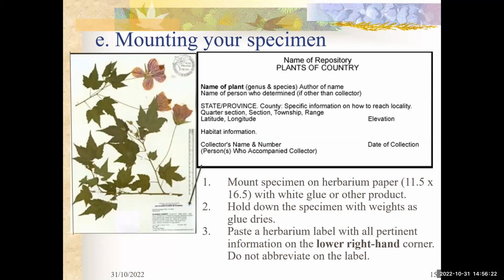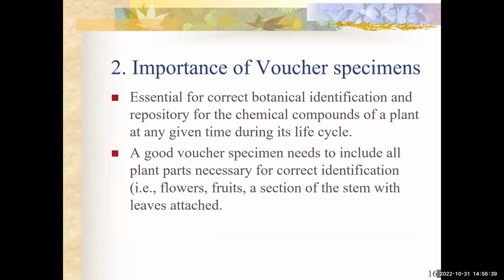So what is the importance of voucher specimens? And I'm saying this not so much for the taxonomists, the biologists, because they already know. I'm really talking about people working in natural products. So we need to get the correct botanical information, and to put them in a store, in the cupboards, in a relevant manner, because that is when we shall know the chemical compounds that are given by that plant.